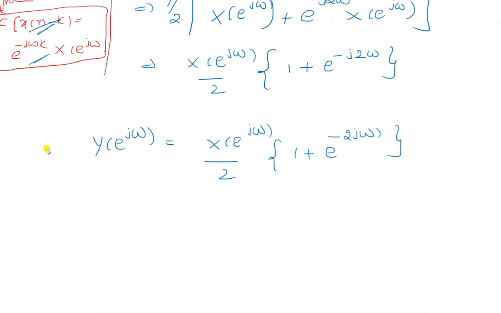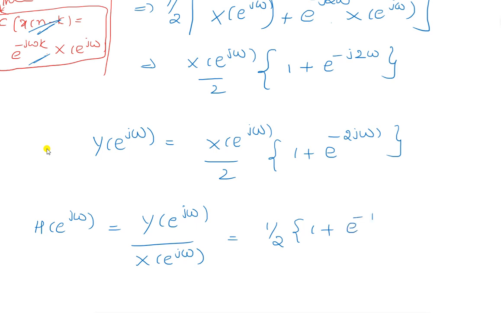In order to find the frequency response, H of e to the power of j omega is equal to Y of e to the power of j omega by X of e to the power of j omega, which is equivalent to 1 by 2 into 1 plus e to the power of minus 2j omega.